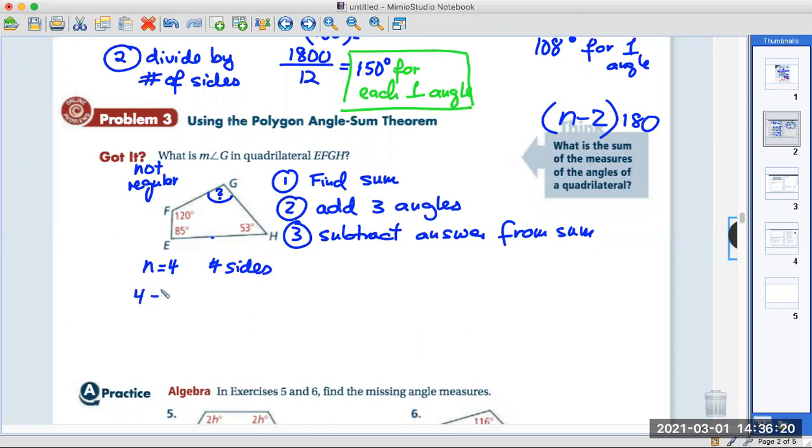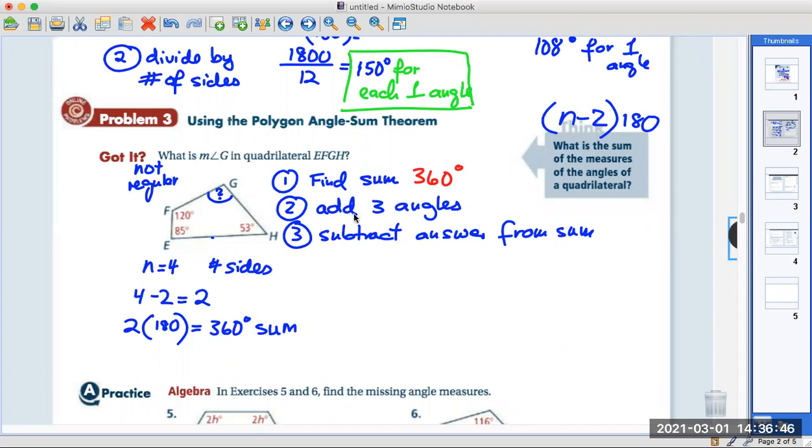Then you do 4 minus 2, and then 2 times 180. It's always 360 degrees. Any 4-sided figure, the sum is 360 degrees. So we're done with the sum. It's 360 degrees.